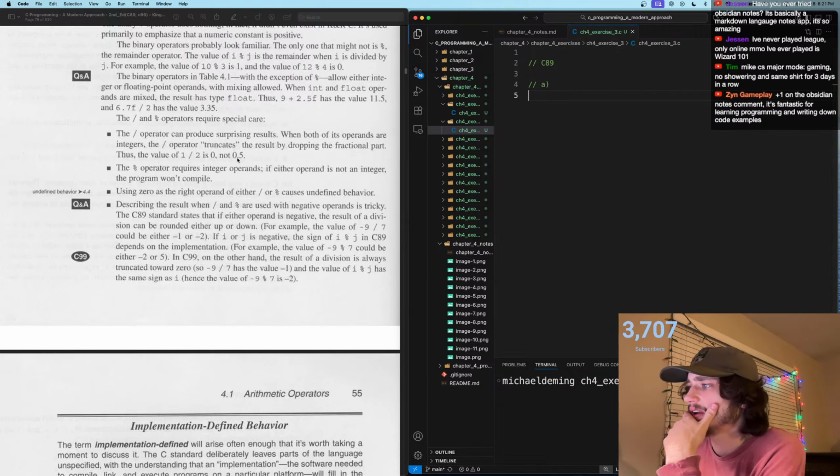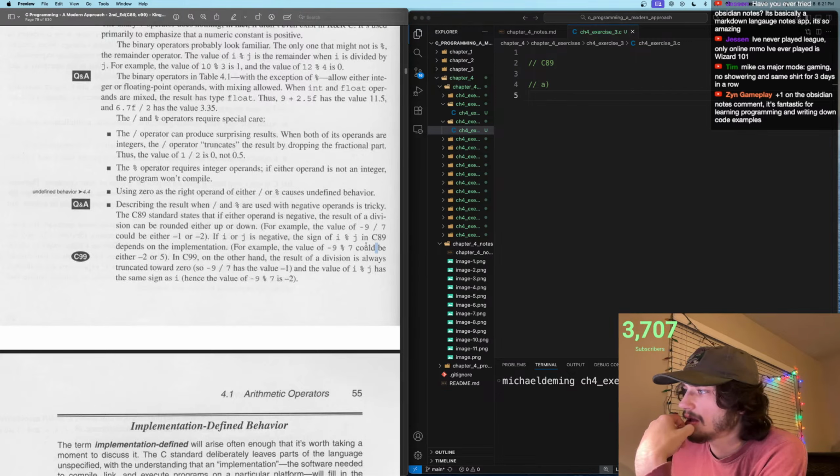Okay, so in C89, I don't really get this 5. Anyone know why in C89 this negative modulo operation provides it?